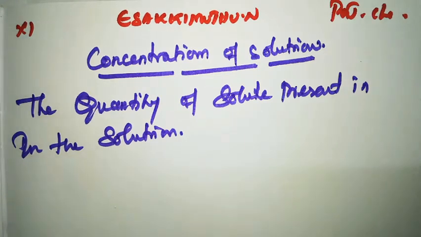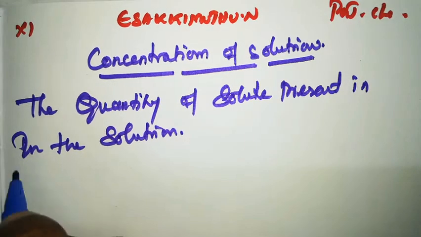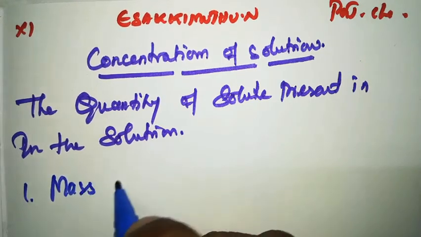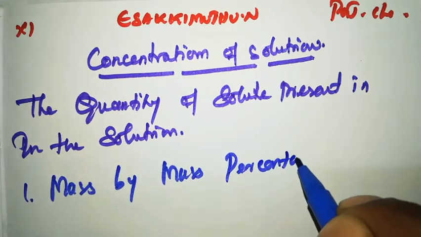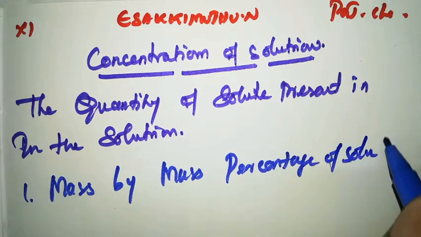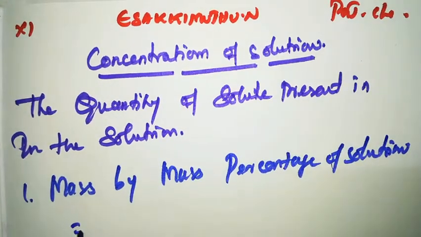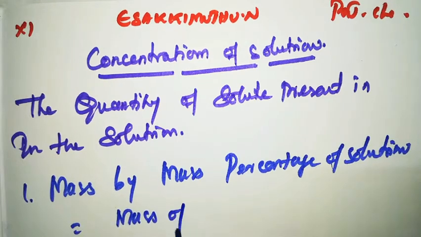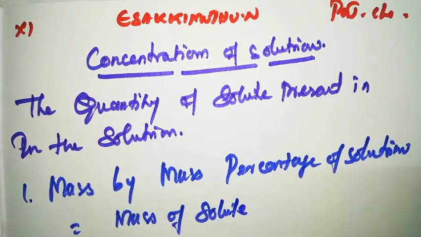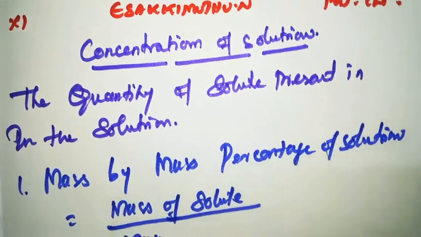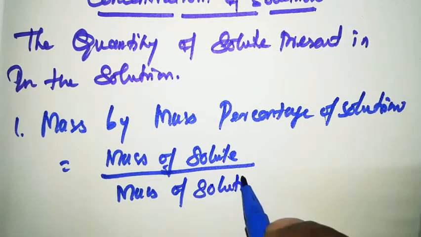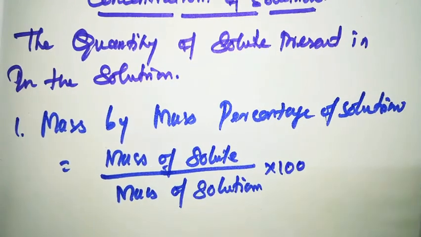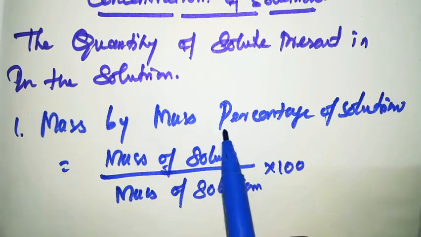The formula: mass of solute, meaning the weight of solute, divided by mass of solution, multiplied by 100. This is the first formula, the mass by mass percentage of solution.